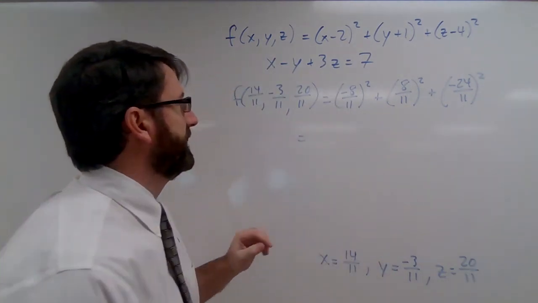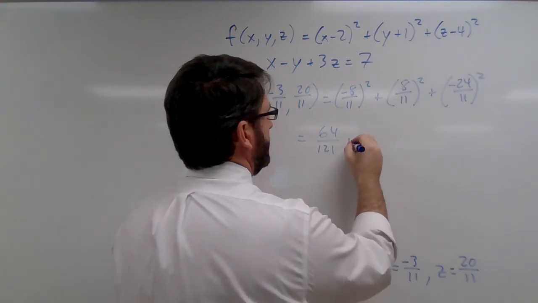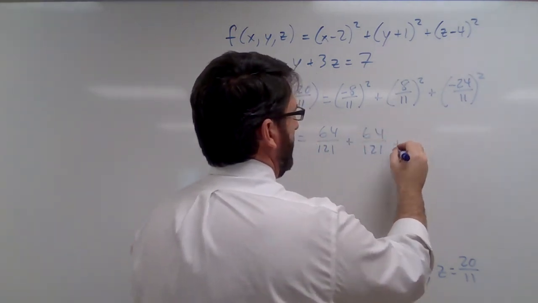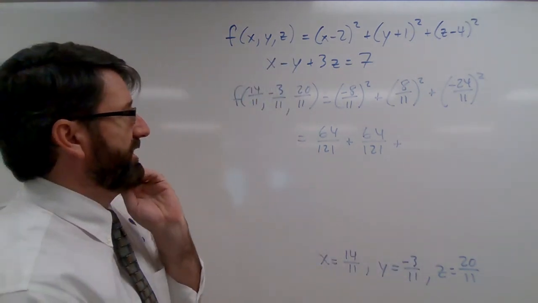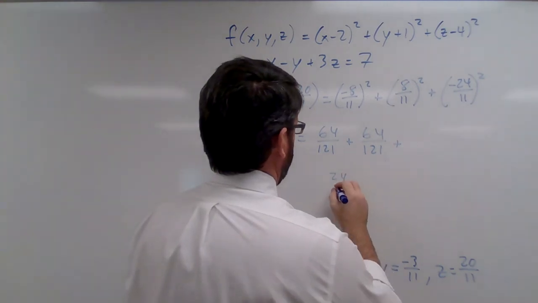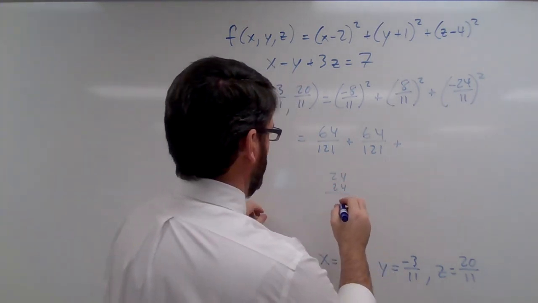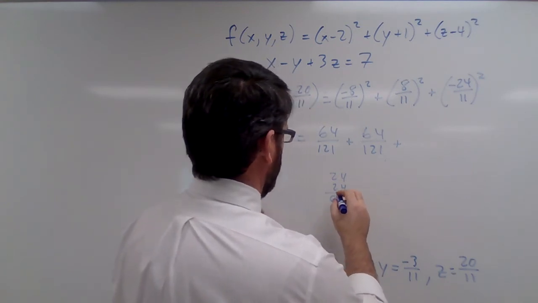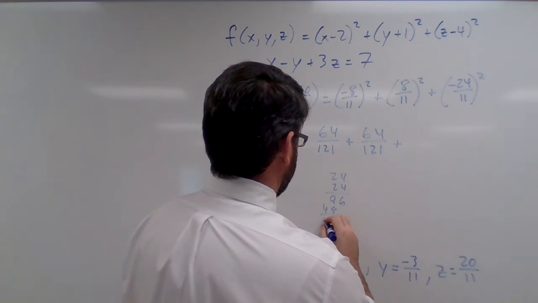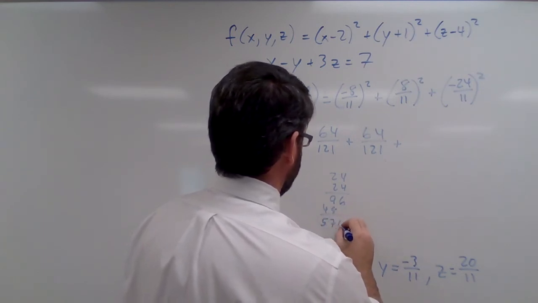All right, so this is going to be 64 over 121, twice. And then 24 squared. What's 24 squared? That would be 96 plus 480, which is 576.